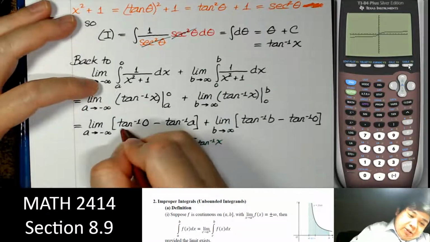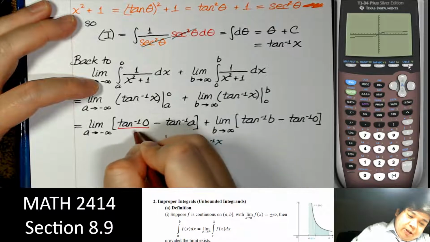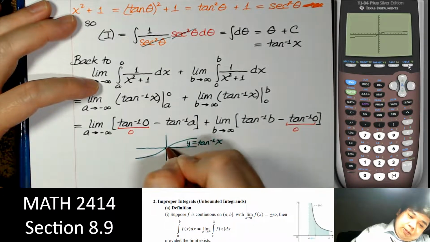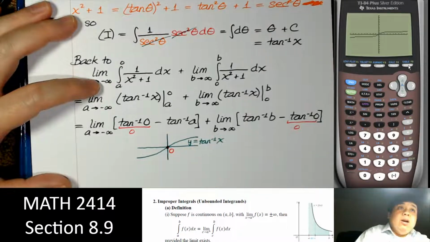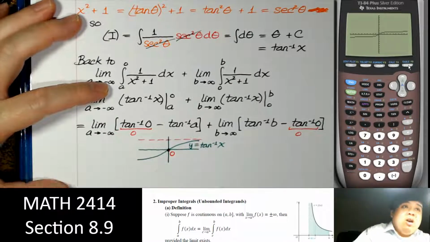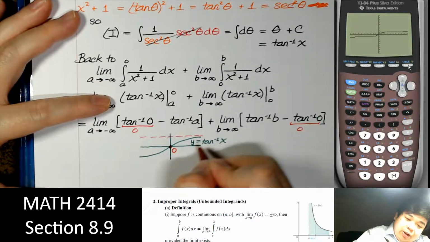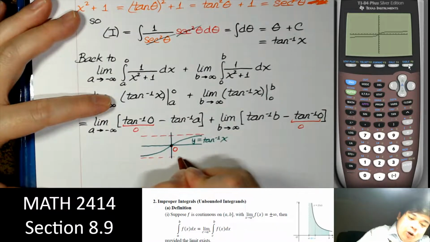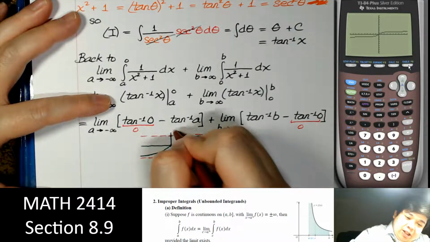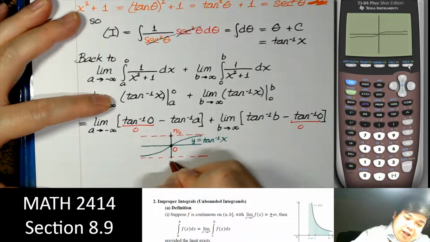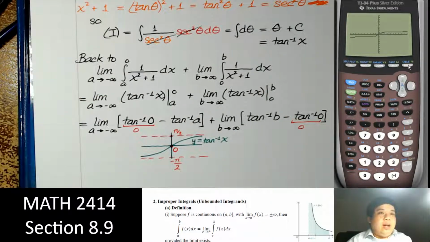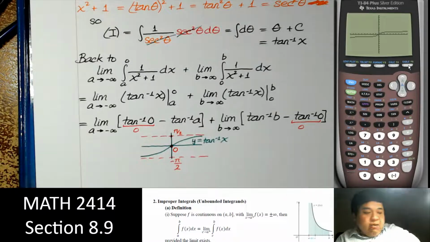Obviously, tangent inverse of 0 is 0. But what will be the values as x goes to infinity and to negative infinity? Well, this is pi over 2 and negative pi over 2. Those are the asymptotes of the tangent inverse.